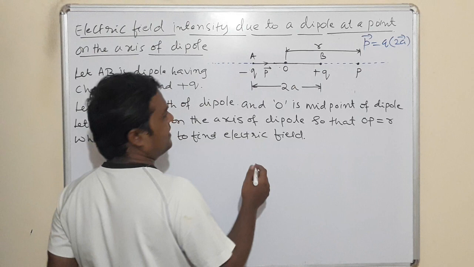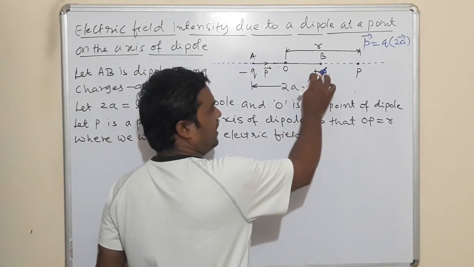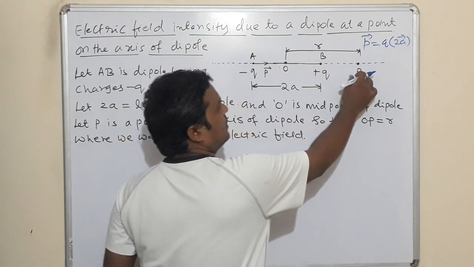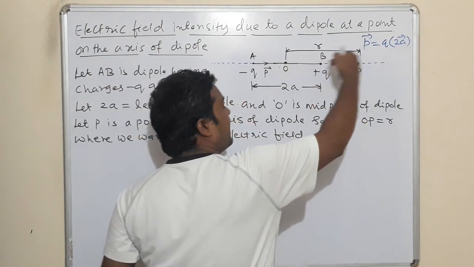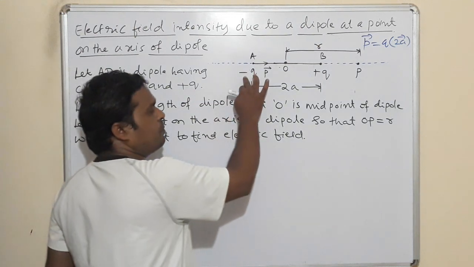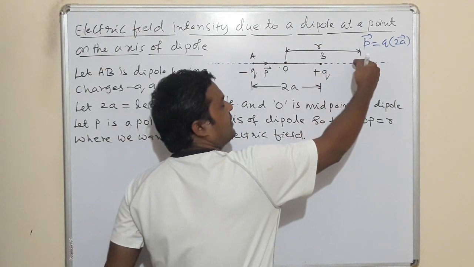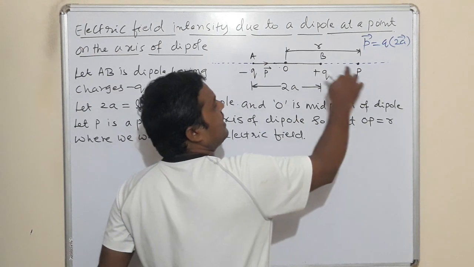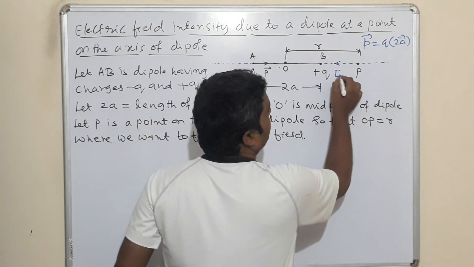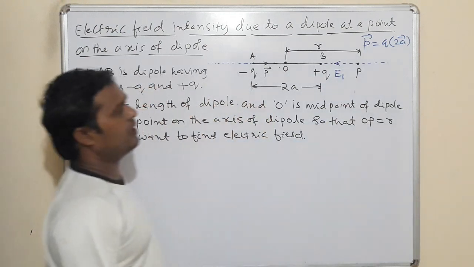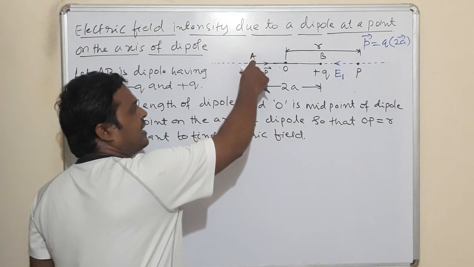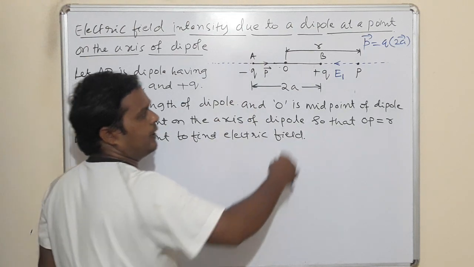See, electric field due to this charge at this point, whether it will be directed this side or this side depends on the nature of charge. If this is minus charge, then the electric field due to this charge at this point will be towards the charge, which we call E1. E1 is the electric field due to the charge placed at A, which is negative.